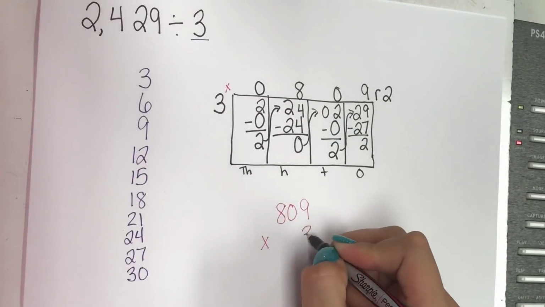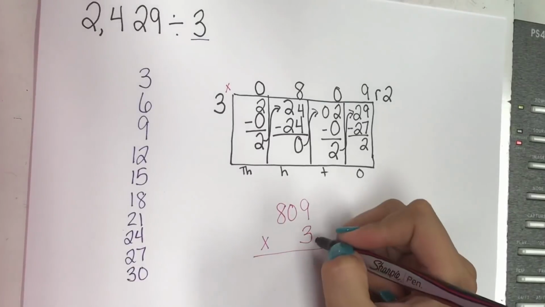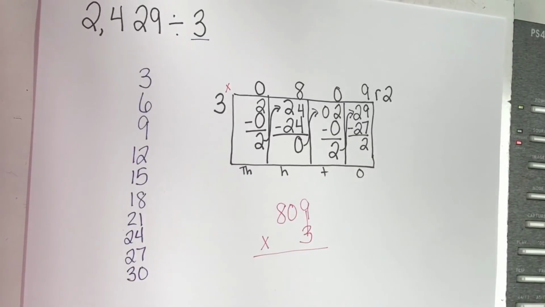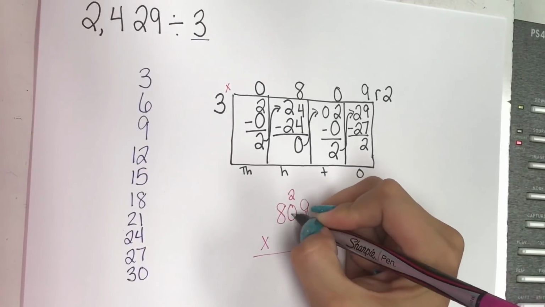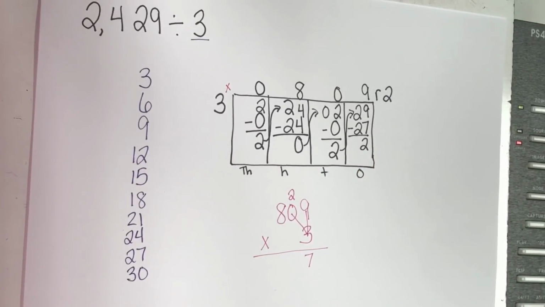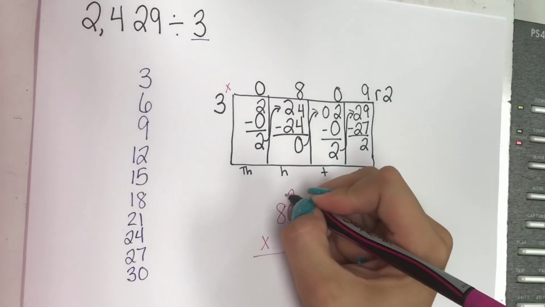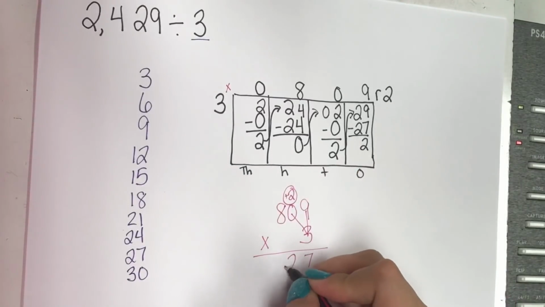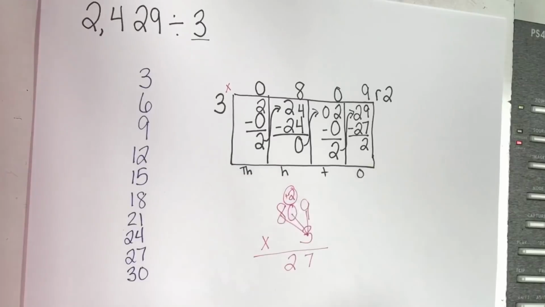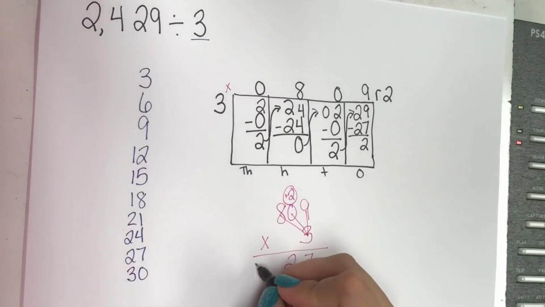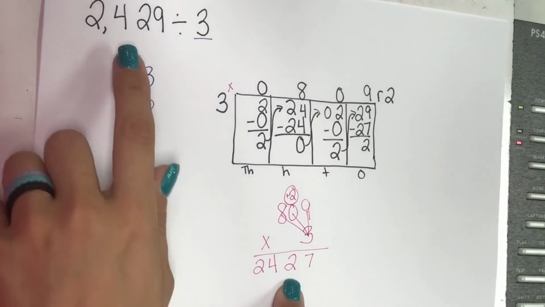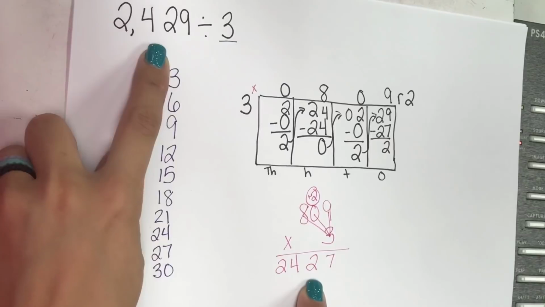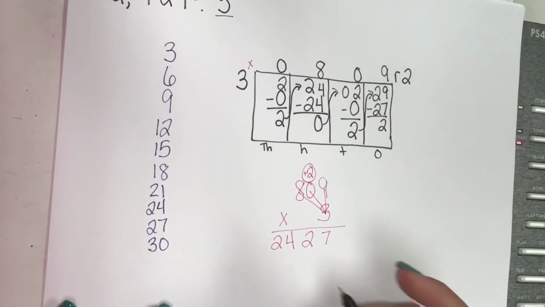Yes, ma'am. 9 times 3 is? 27. 3 times 0 is? 0. Plus 2 is? 2. 3 times 8 is? 24. But man, that's not the same number that I started with. I have to add in my remainder.